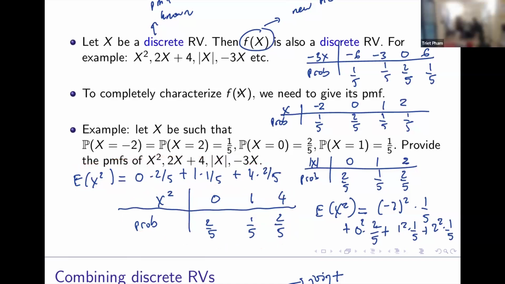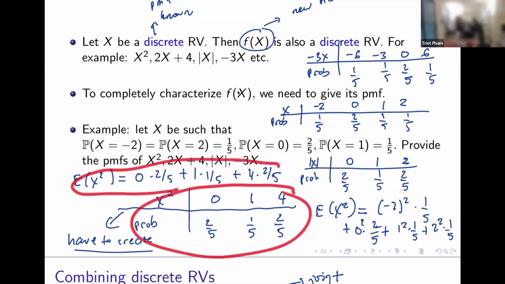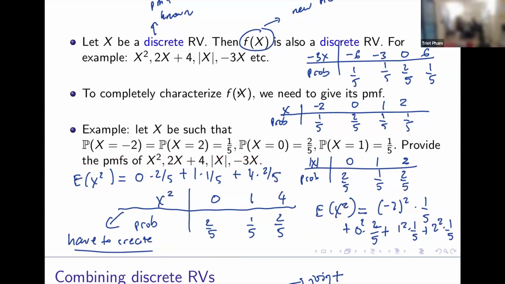Where does this table come from? We worked on it. So if you want to look at the work it takes to calculate the expectation of x squared, you have to look at the work that we did to create this table plus that work, which now would seem like more than that work. You understand?